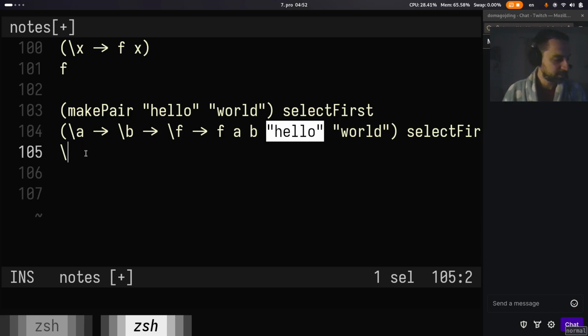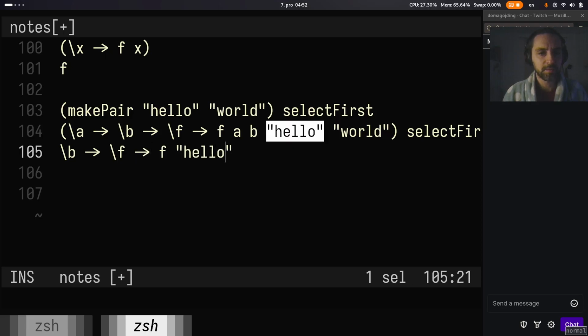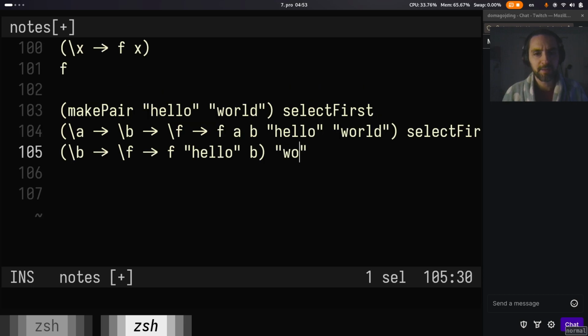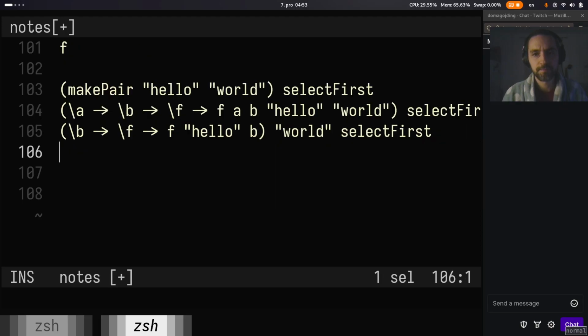So we will be left with a lambda B and lambda f, f hello B, right? That's what we're going to get. And then we're left here with world and select first. The next step is we do the same thing with the world.